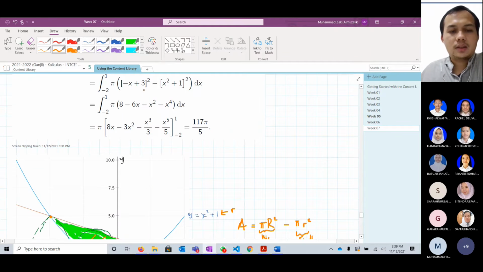If we expand these squares, the integral becomes the integral from -2 to 1 of pi times (8 minus 6x minus x squared minus x cubed minus x power 4) dx, which in the end gives a volume of 117 pi over 5.